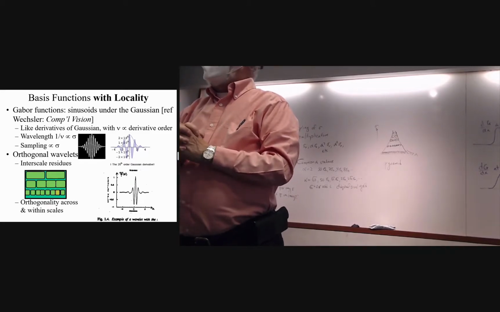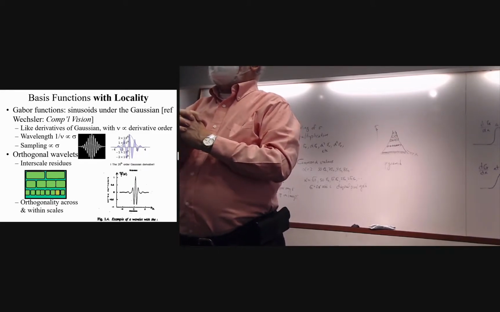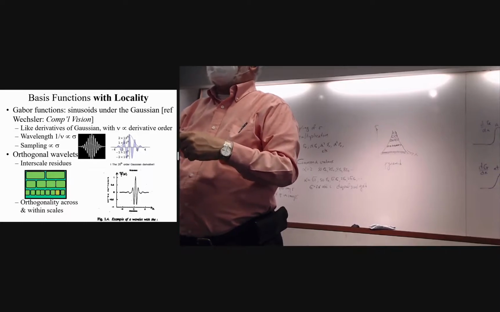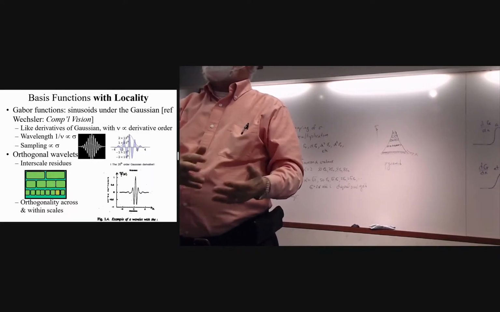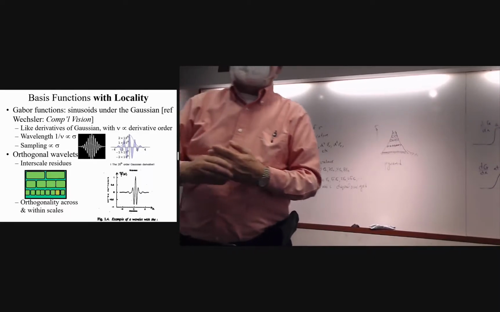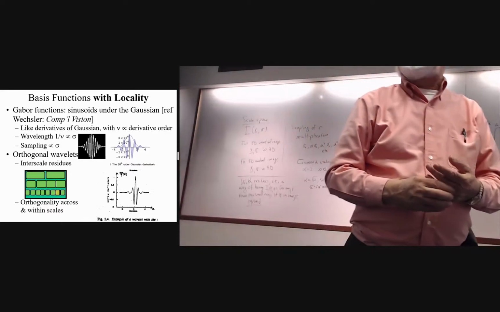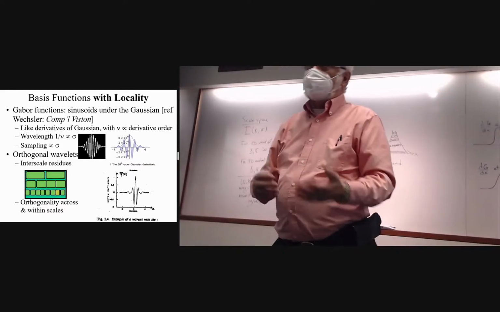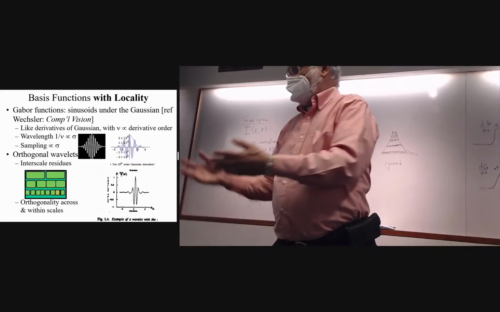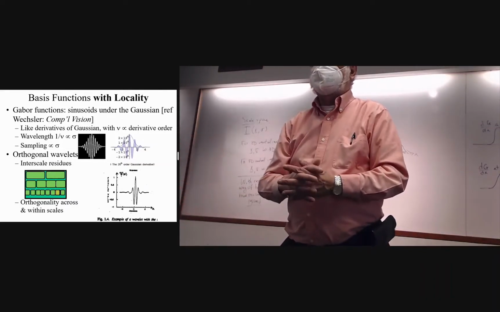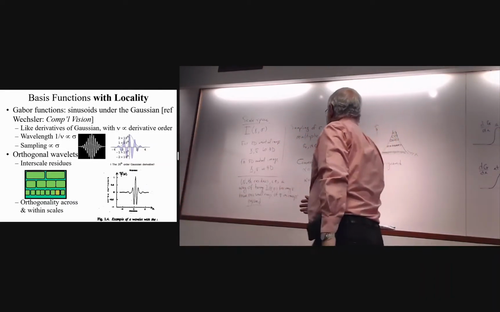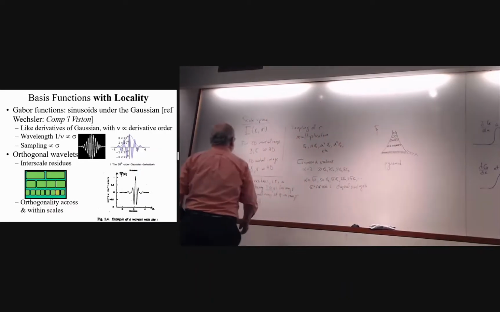For the time being, we will act as if that's continuous in both position and scale, but we'll have to get to the question of how we sample both in position and in scale.